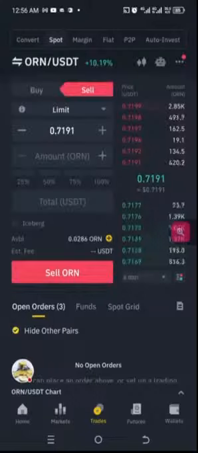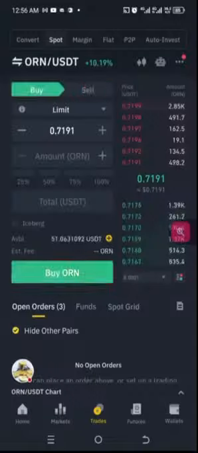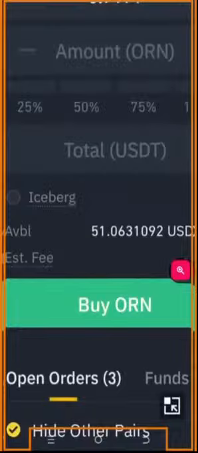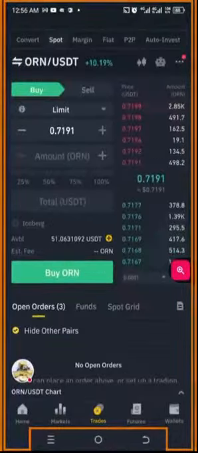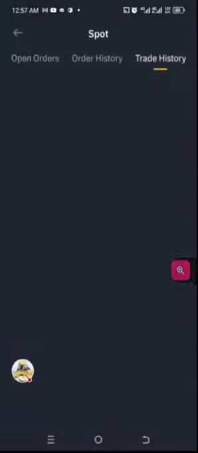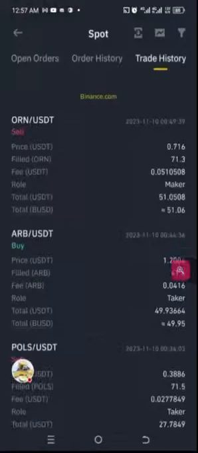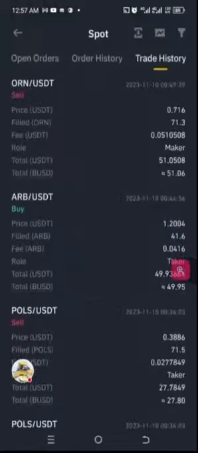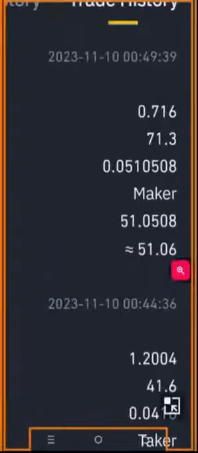So ORN has executed. Hope you love that. I love that. Let's look at how much we've been able to make. This is $51, which is 2% exactly. Can you see that? Because see, it was $1.06. Let's go check exactly how much it gave us.